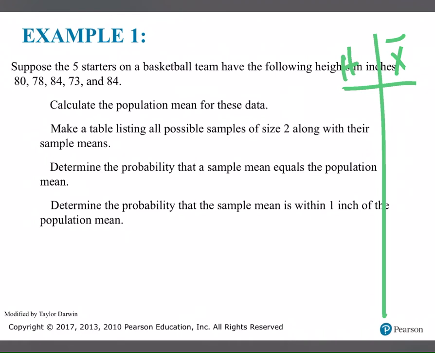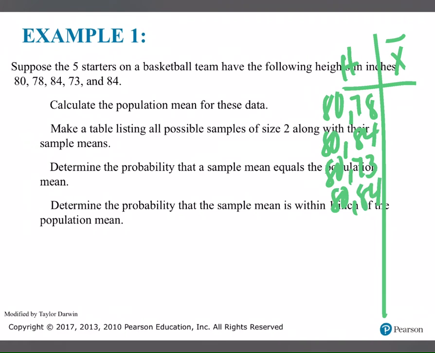So I'm going to take each height. For example, 80 needs to go with each one: 80 and 78, 80 and 84, 80 and 73, 80 and 84. Then 78 needs to be with each of them. 78's already been with 80, so 78 and 84, 78 and 73, 78 and 84.